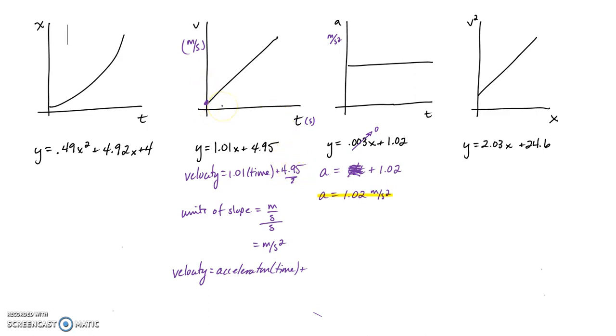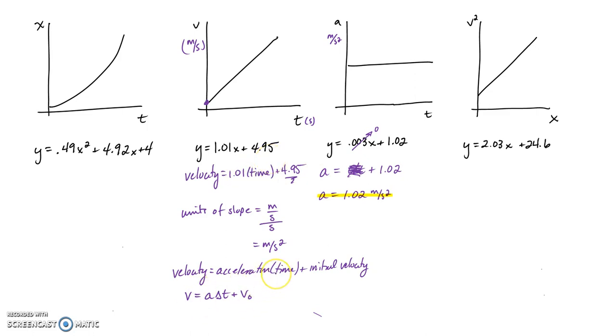So that's really my initial velocity. So this then becomes the ever infamous equation, velocity equals acceleration times time plus my initial velocity. Well, that's cool. All right. And so again, that acceleration is exactly matched over there.